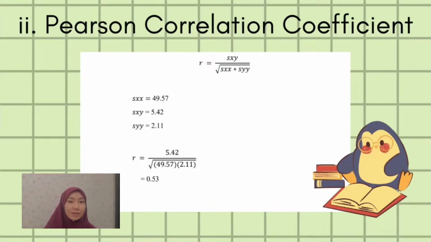By using the formula, we can get the value of r, which is 4.52 over the square root of 49.57 times 2.11. We get the value of r is 0.53. This means we get a moderate positive correlation because 0.53 is greater than 0.28. That's all from me, and I will pass to the next member for the conclusion.